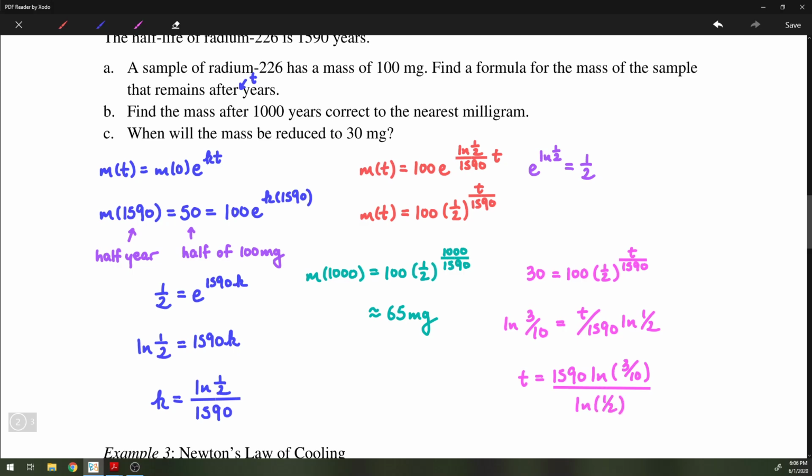And that will give us approximately 2,762 years.